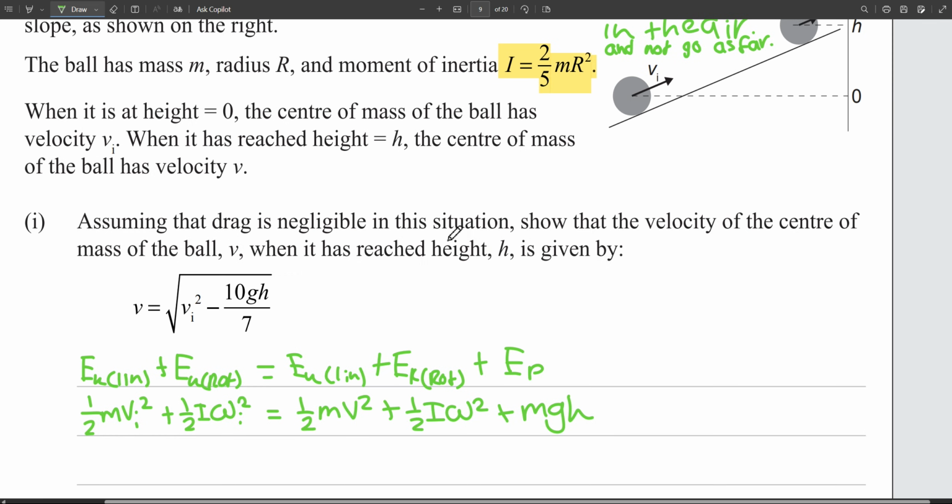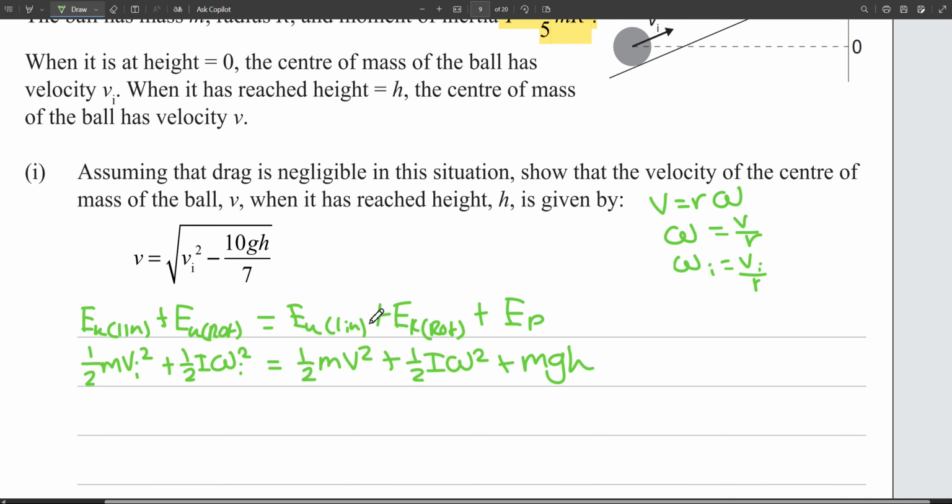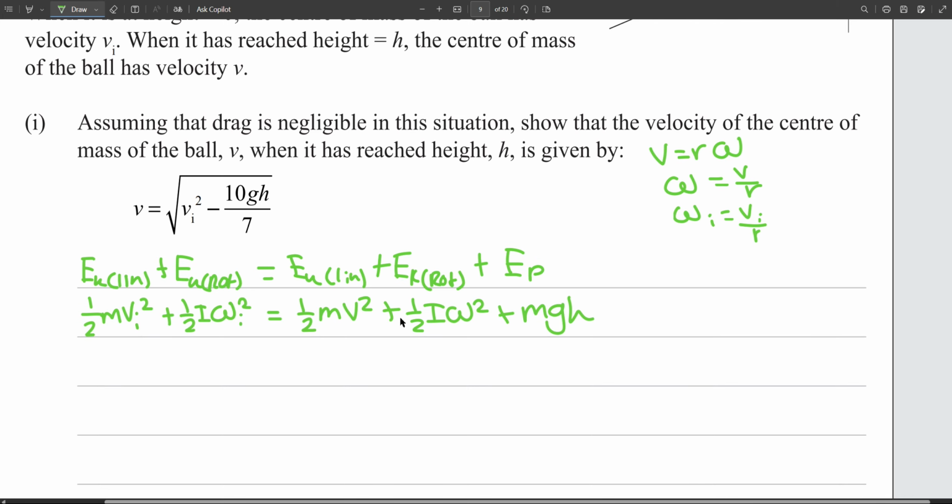We should also use the relationship v equals r omega and make the substitution that omega equals v on r, and similarly omega i equals vi on r. So from here we can start making our direct substitutions.